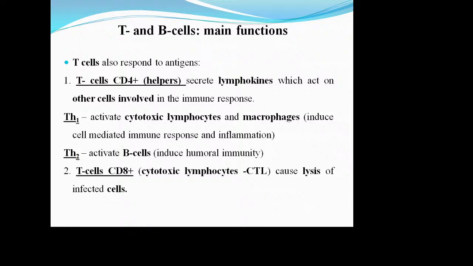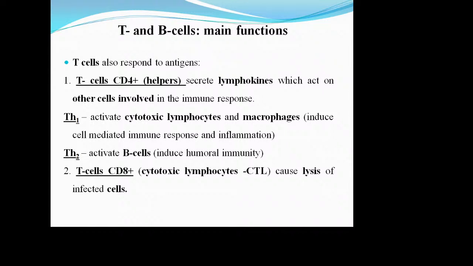Th1 activate cytotoxic lymphocytes that are CD8, and macrophages. So it induces cell-mediated immune response and inflammation. Cell-mediated means that these cells kill pathogen, cytotoxic lymphocytes and macrophages. Cytotoxic lymphocytes release cytotoxic substances and destroy pathogen. Macrophages engulf and digest pathogen.